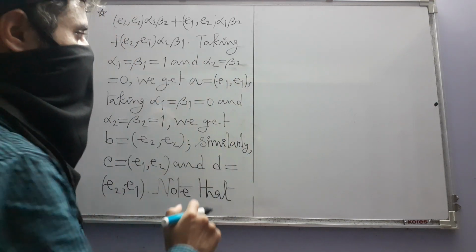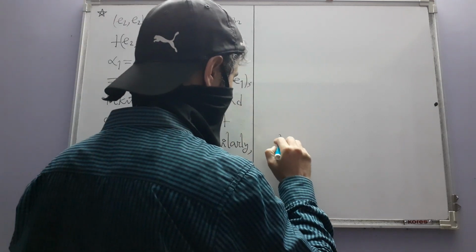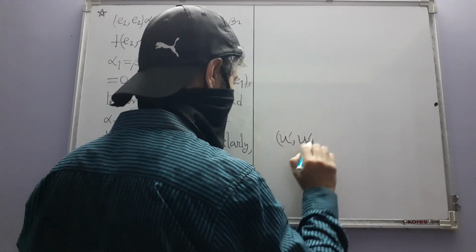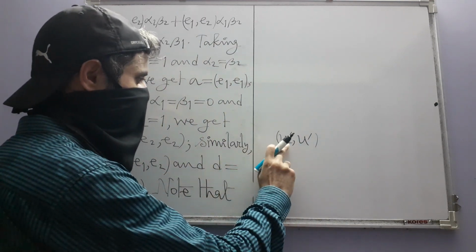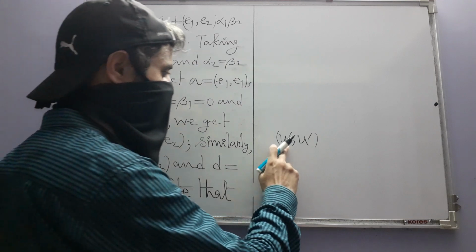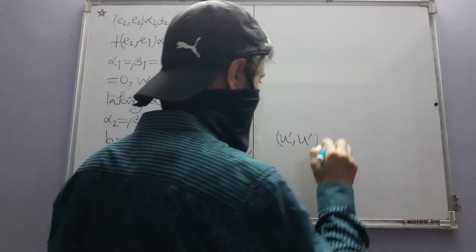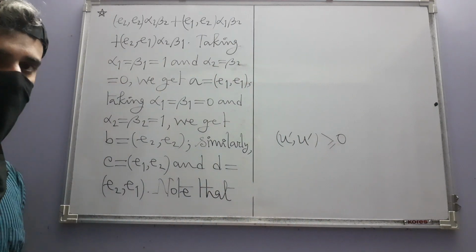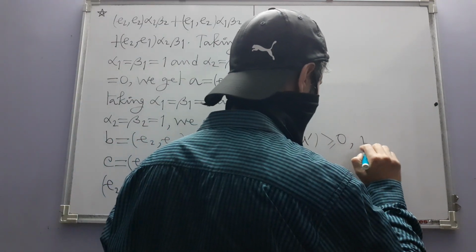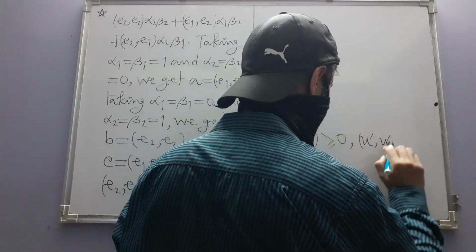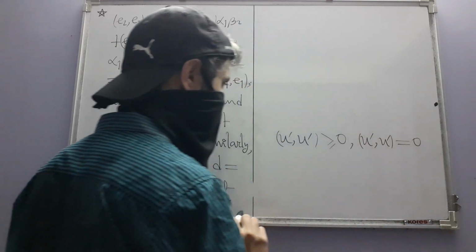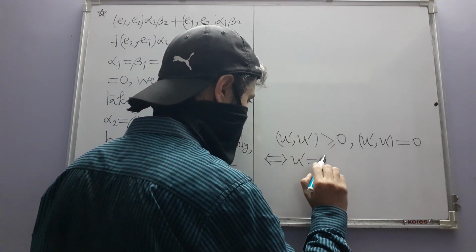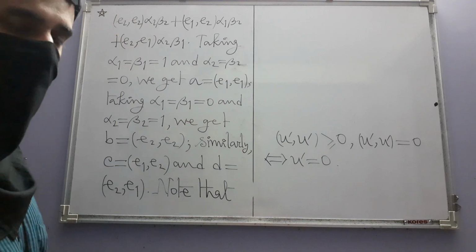Namely, that whenever you have a vector u prime in any inner product space and you find its inner product with itself, we know that this is always a non-negative real number, and it is equal to 0 if and only if the vector u prime itself is 0, that is non-degeneracy.